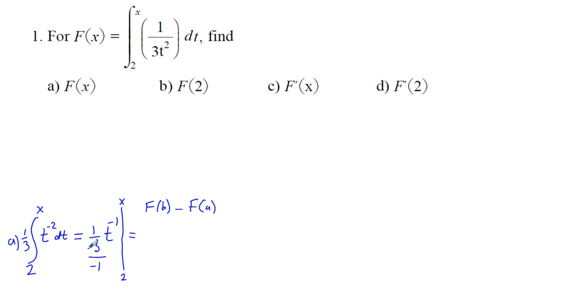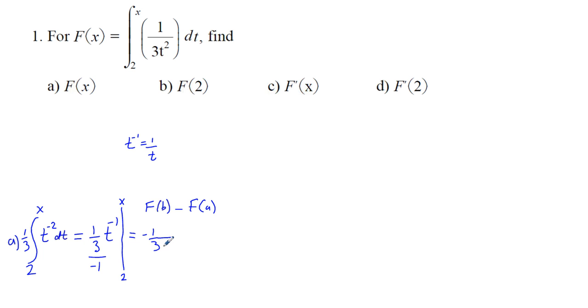Well, first of all, this divided by negative 1 becomes negative 1/3, and t to the negative 1 power is like 1 over t.